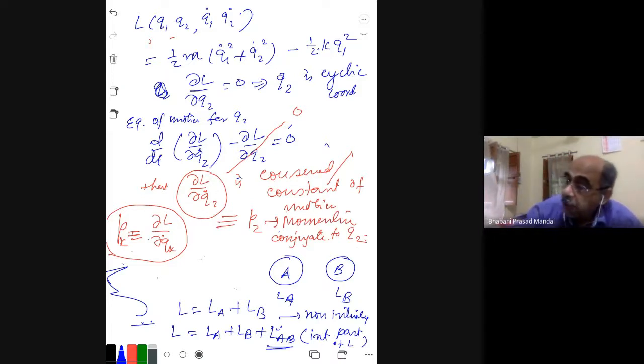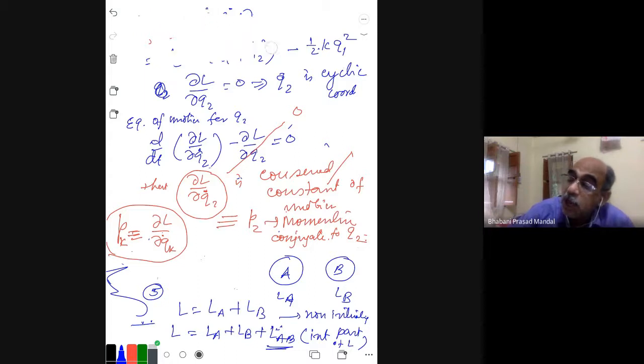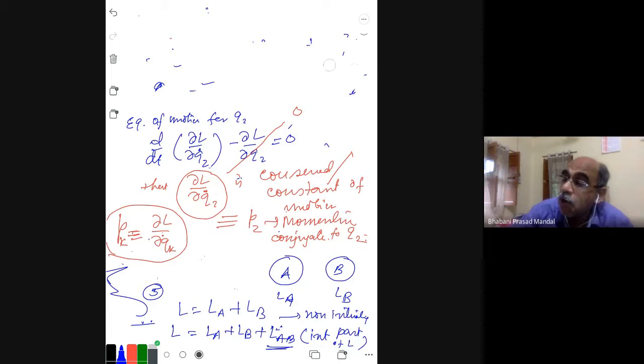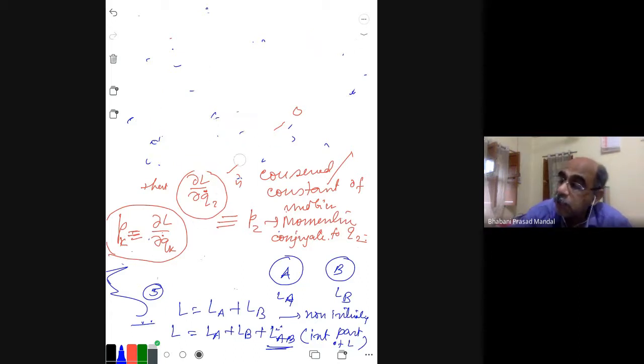So this is the fifth and last property, but it is also extremely important. Suppose I have two charged particles. What will be the Lagrangian? I know the Lagrangian of one particle: kinetic energy minus potential energy. The second particle also I know.